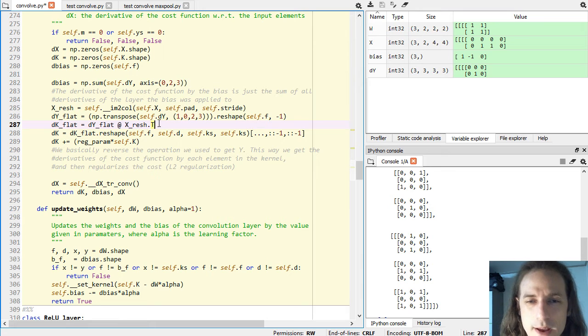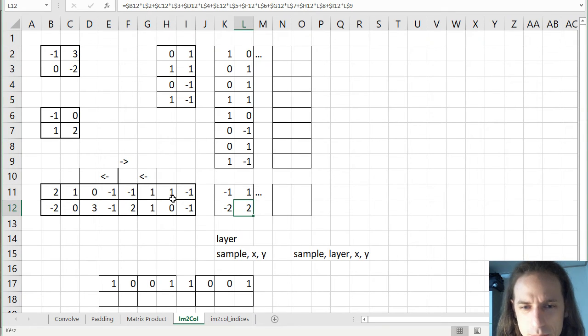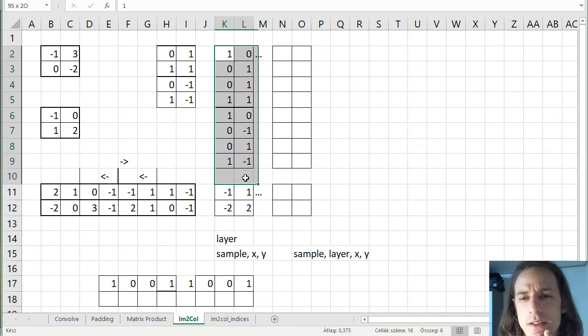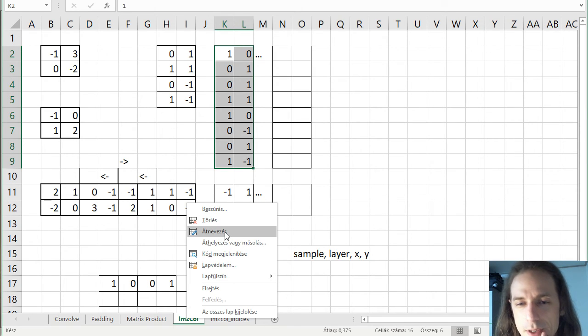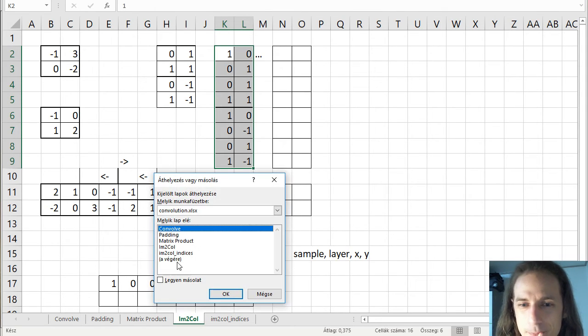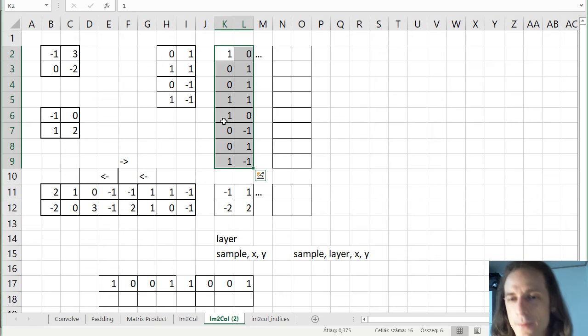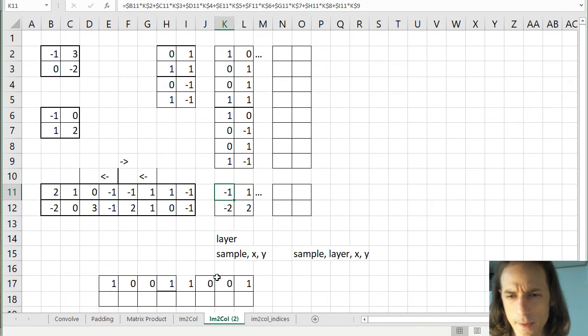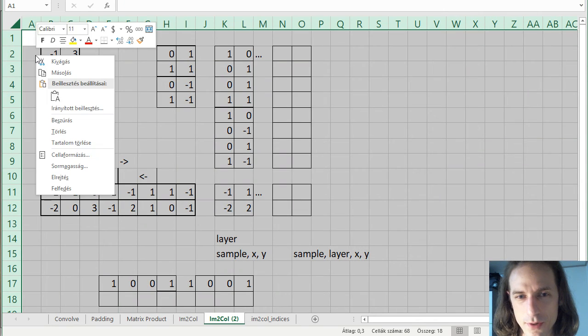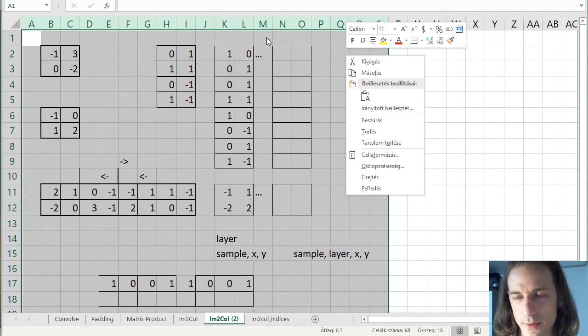So we transpose the X matrix, which means this flattened X, instead of being like this... I was not planning to do this, but I'm going to do this. Maybe I should not have copied it.